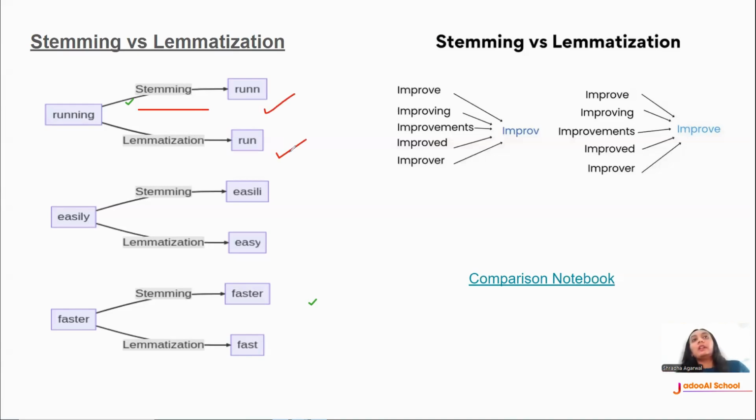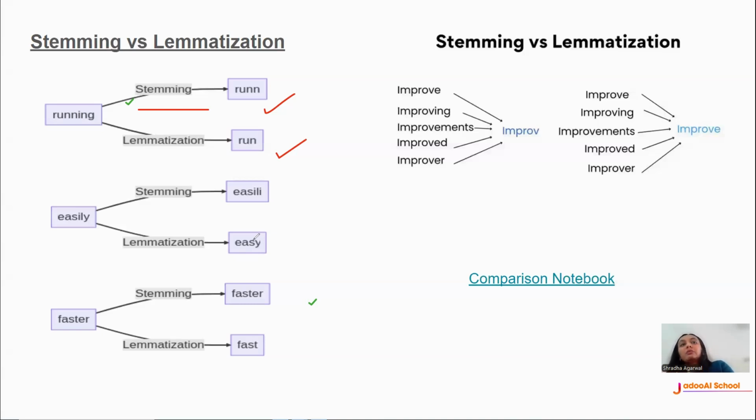This became run. In this case, you can say that run is still not a word in English. It just did brute force. That's what crude means. Now easily became like this. When you do lemmatization, it becomes easy. So every time it is not converting it into the root form.